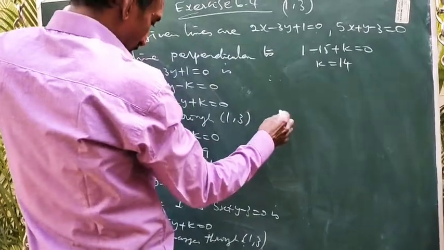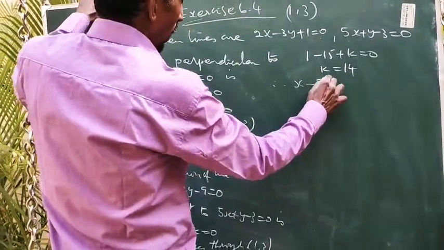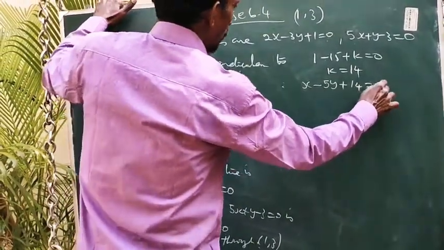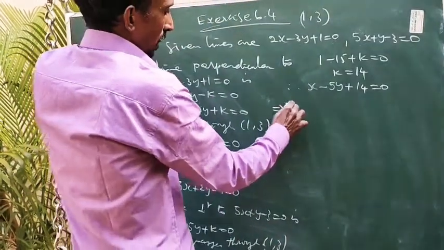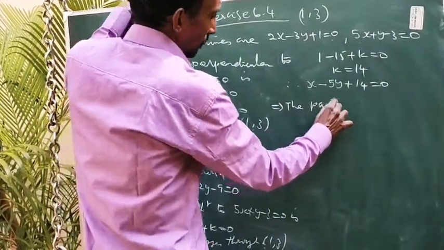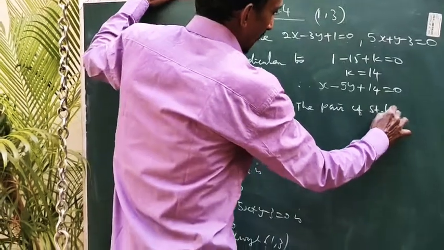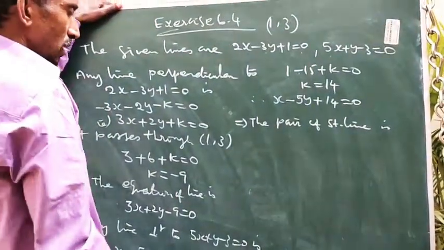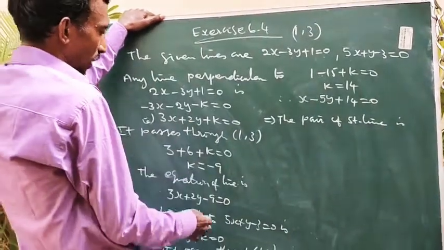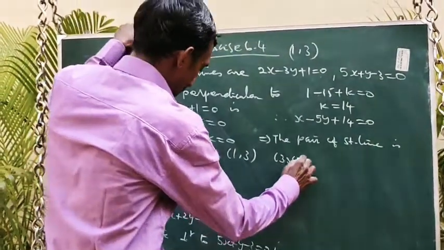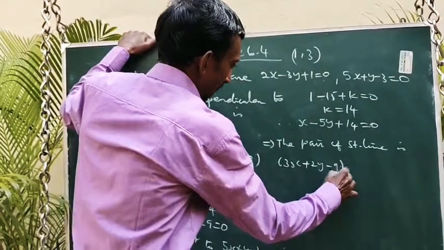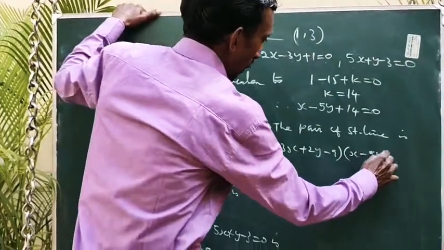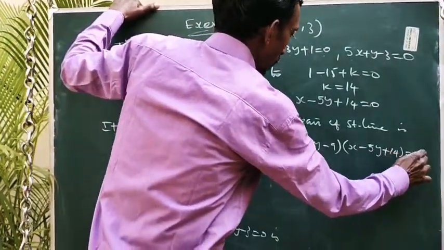Therefore, the equation is x minus 5y plus 14 equal to 0, which implies the pair of straight lines is first one into second one equal to 0. So (3x plus 2y minus 9) into (x minus 5y plus 14) equal to 0.